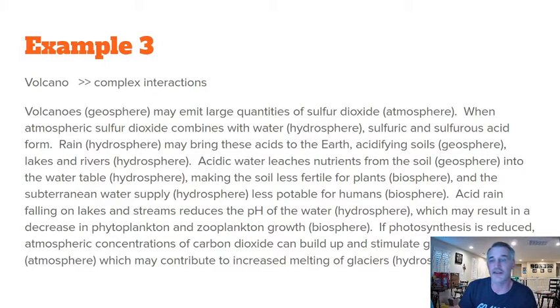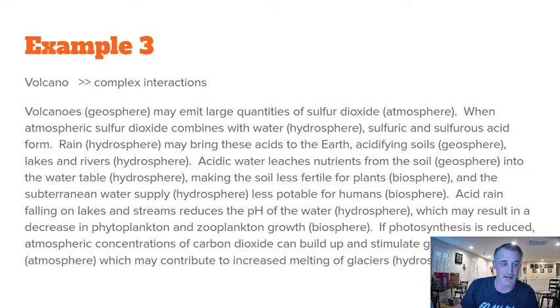Acidic waters leach nutrients from the soil, the geosphere, into the water table, back to the hydrosphere, making soil less fertile for plants, which is back to the biosphere. Then the subterranean water supply, the hydrosphere, is less potable for humans, which is part of the biosphere. And then you have acid rain that could be filling lakes and streams, reducing the pH of the water, affecting the hydrosphere again, which may result in a decrease in phytoplankton and zooplankton, which would affect the biosphere.